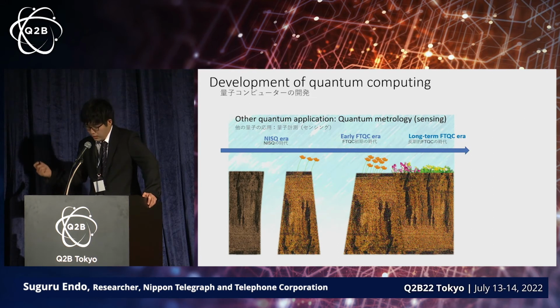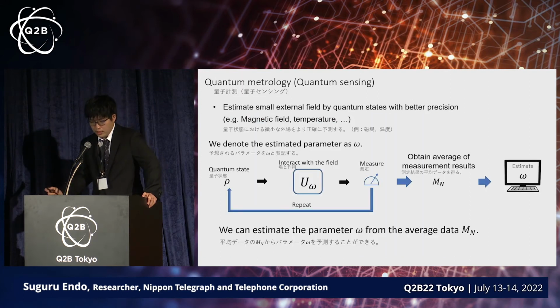One of the important tasks is quantum metrology, also called quantum sensing. Quantum sensing is a task like estimating small external fields by quantum states with better precision. The external fields are like magnetic field, temperature, and so on. We denote the estimated parameter as omega: magnetic field, temperature, and so on.